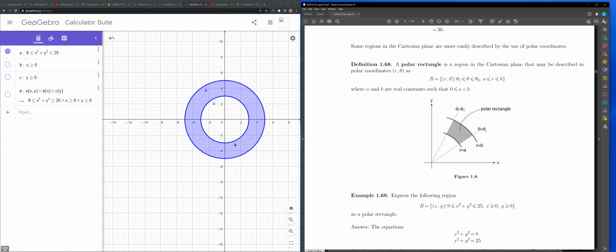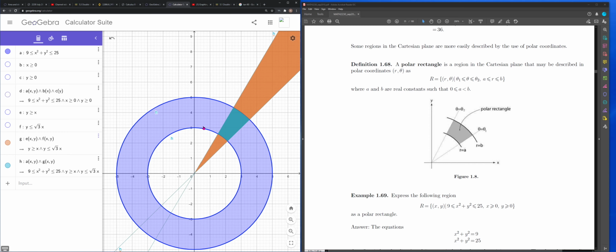So this graphic illustrates what's going on. Your inequality r between a and b is giving you an annulus, where you have inside radius a and an outside radius b. That is what this one is doing for you.